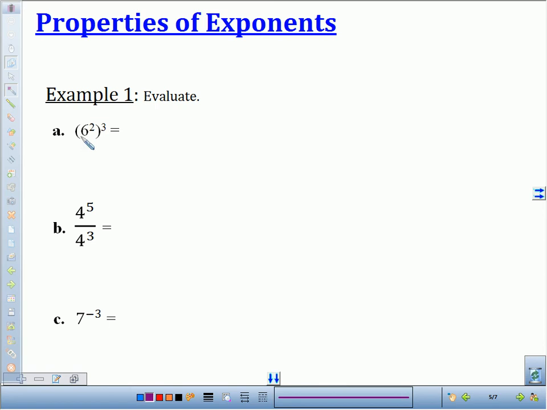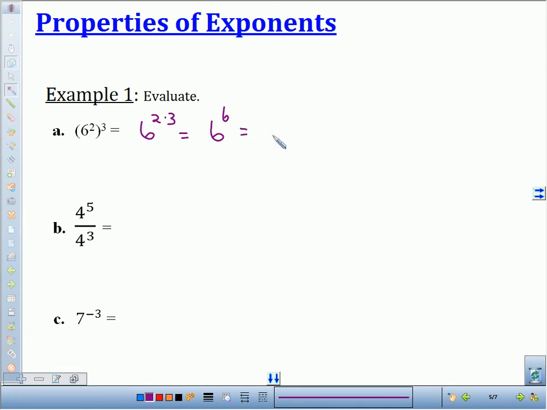Now, I have 6 squared to the 3rd power, which, as you would go back, is our power of a power property. It was the second property in our list. And the power of a power property says that if I have a term being raised to an exponent, then I multiply the exponents. So I would get 6 to the 2 times 3. 6 to the 2 times 3 is 6 to the 6th power.